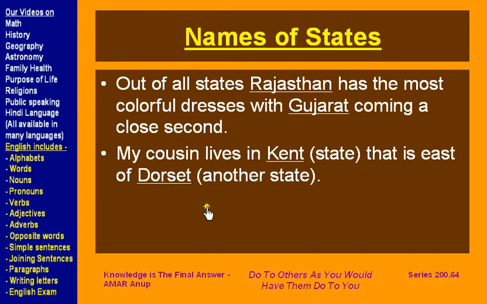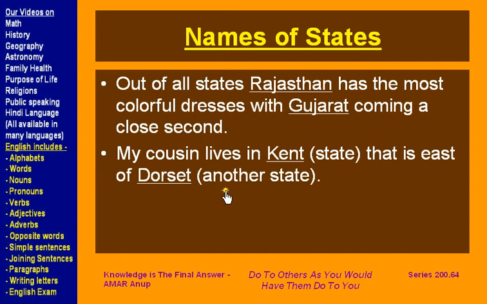After the names of the cities, names of the states are capitalized. So out of all states, Rajasthan has the most colorful dresses, with Gujarat coming a close second. So R in Rajasthan is capitalized and G in Gujarat is capitalized.